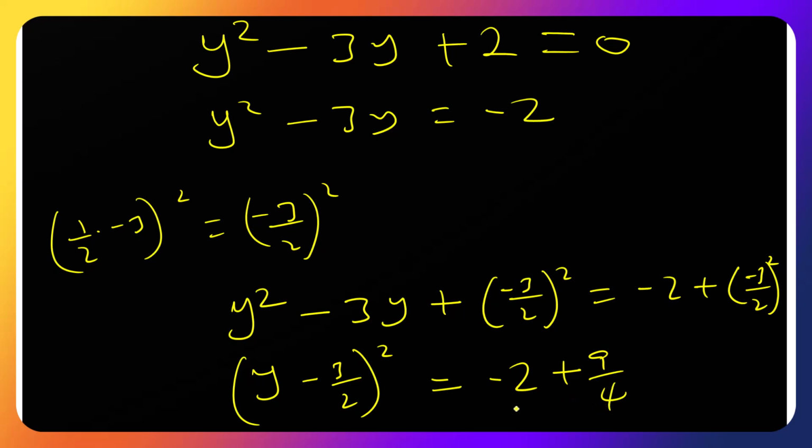Okay, so this one will be 1. Then we can find the LCM. So we have y minus 3 on 2 all squared.